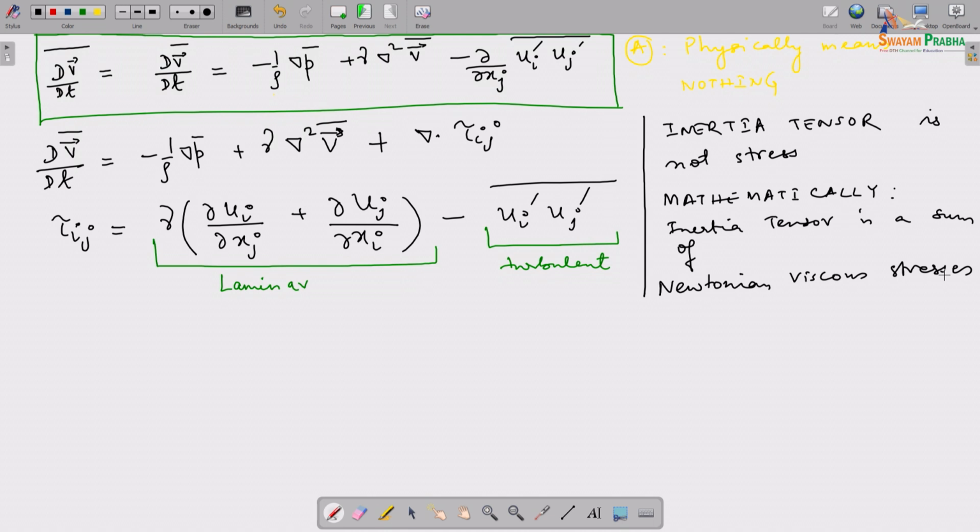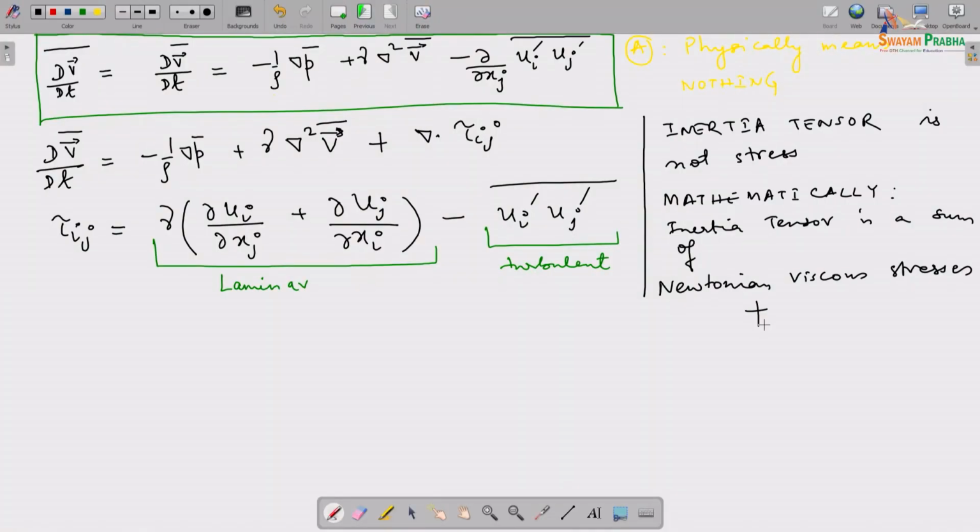Newtonian why? Because stress is proportional to strain. What you see here is strain, del u del x is the strain, and then you multiply with the viscosity coefficient, and that is what is giving you the stress. You can figure out the dimensions of this, and that should match that of a stress, which is Newton per meter square.